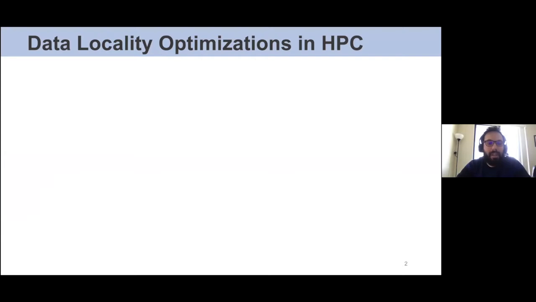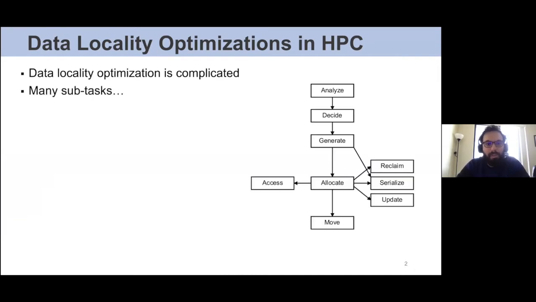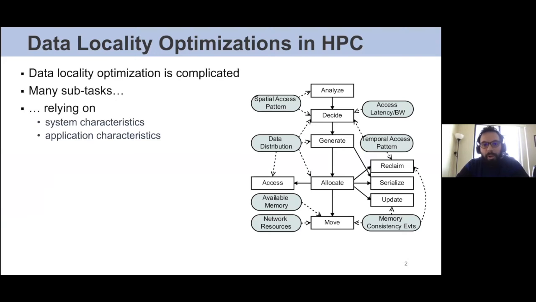The reason that we are having this focus is because they are really complicated, yet an important part of programming for HPC. The reason that they are complicated is even though we see them as a single thing that we do, a typical data locality optimization consists of many different subtasks, which rely on different system and application characteristics.